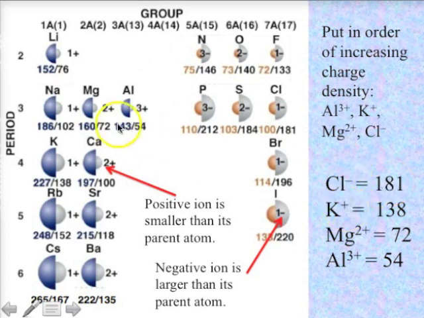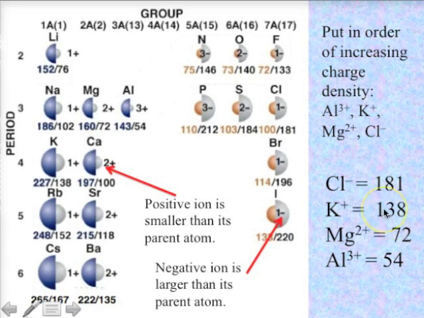Potassium, K+, even though it is in the next period down, because chloride is negative, its ion size gets larger. Potassium giving up an electron gets a smaller ionic size. So the ionic size for K+ is 138. It's smaller than Cl- at 181.